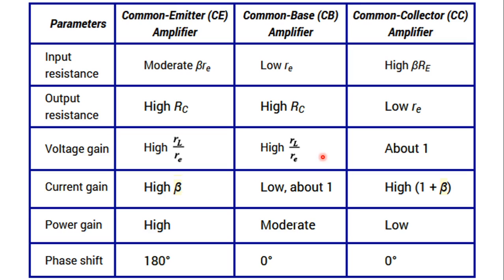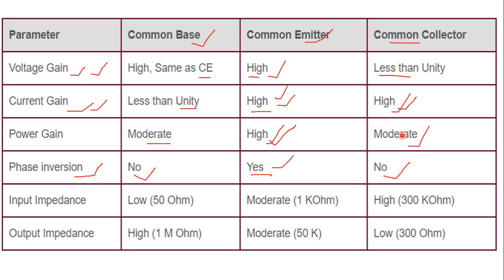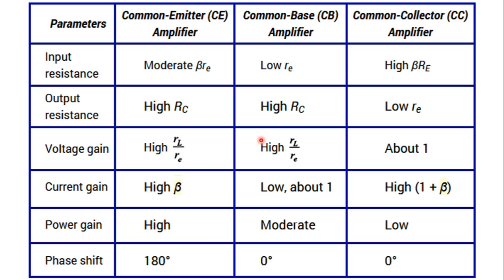Just go through this table. It is similar to the previous table, the only difference being that there only indications of high or low are given, while here actual values in terms of the parameters are given. With this, the cascode amplifier stage is over.